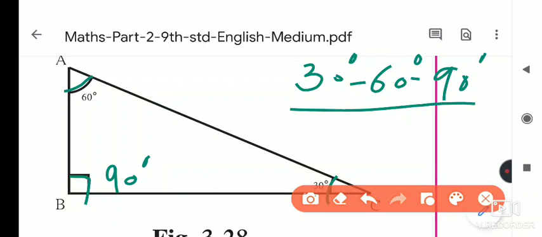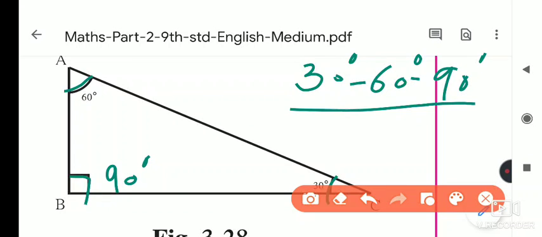Based on this construction, there is a theorem, that is the 30-60-90 triangle theorem. First of all, draw the triangle, then measure AC, BC and AB.